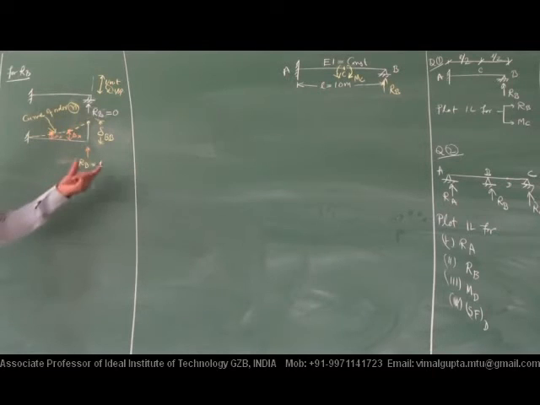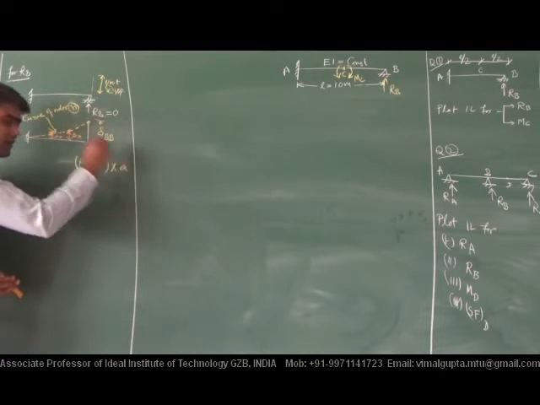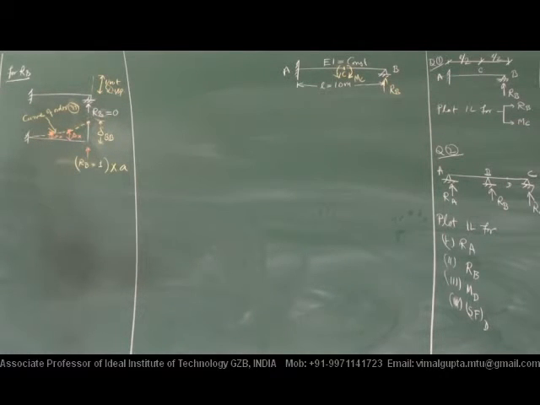Say it is multiplied by some constant like A, then del BB will be multiplied by A, and del x will also be multiplied by A. Clear to everybody?